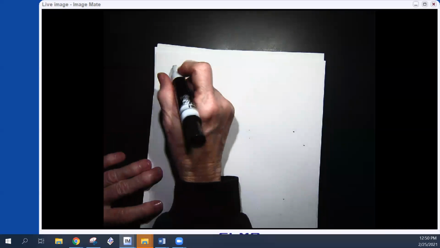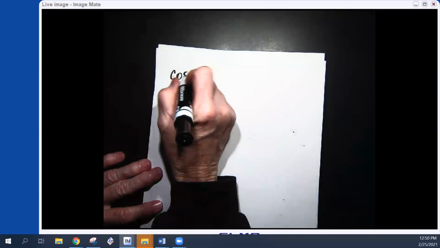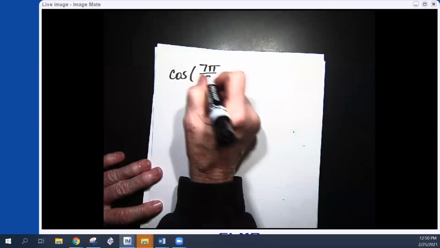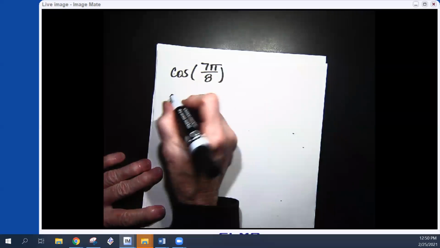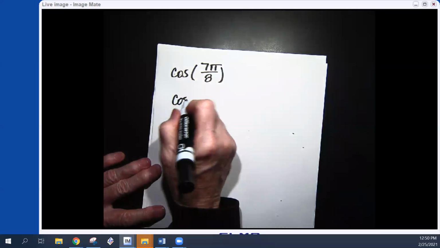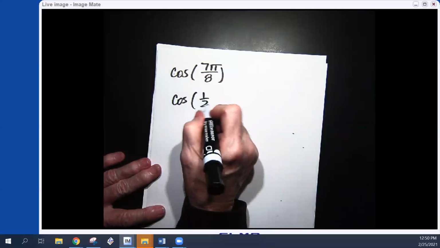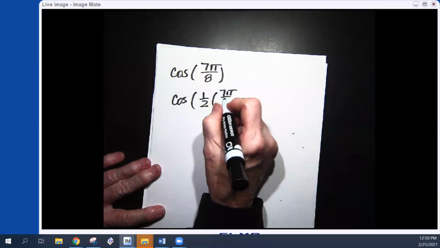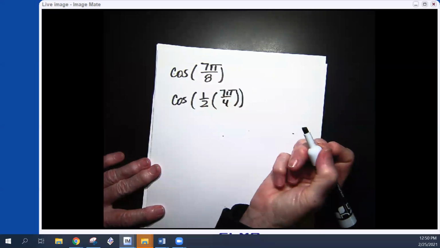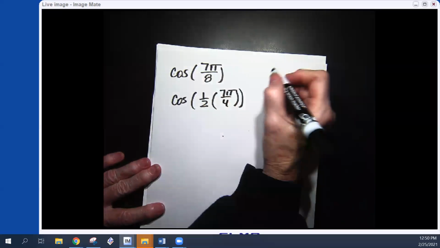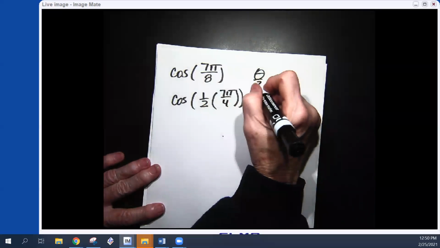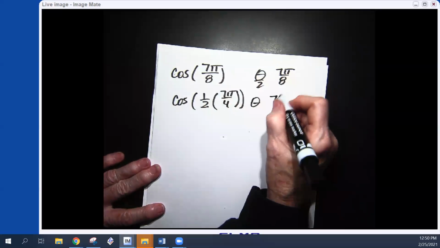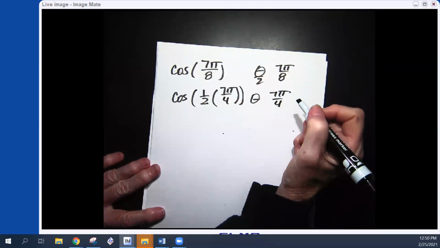If I had the cosine of 7 pi over 8, I have to think cosine of 1/2 of 7 pi over 4. So my half angle is 7 pi over 8, but my angle is 7 pi over 4.